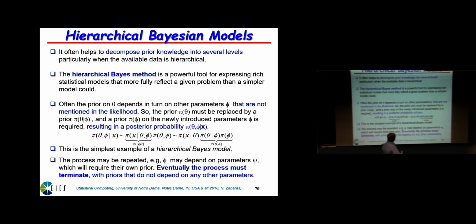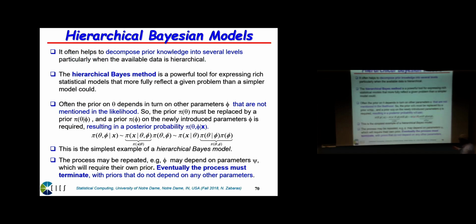So we have theta, and theta is now a function of phi. Our distribution pi of theta is pi of theta given phi, and then we're going to put some prior pi of phi. So if you look at the posterior of the new parameters, the original theta and the new hyperparameters phi, as I call them, it is really the likelihood.